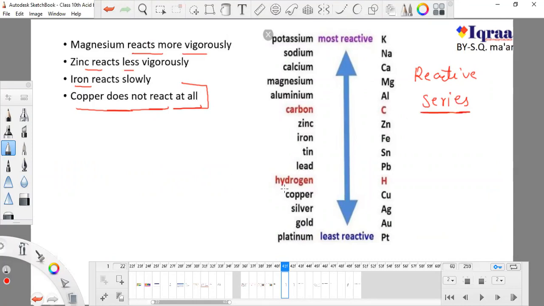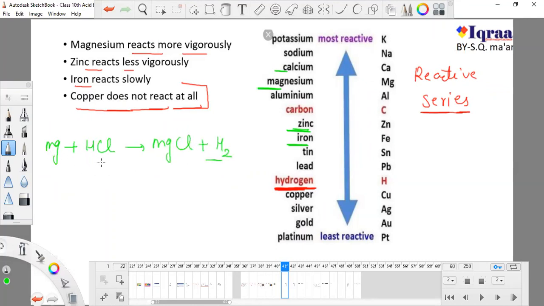Look, here is our hydrogen. All the metals we used, magnesium, zinc, iron, or you can use calcium, whatever. I'm taking magnesium plus HCl, and it gives me MgCl plus hydrogen gas.